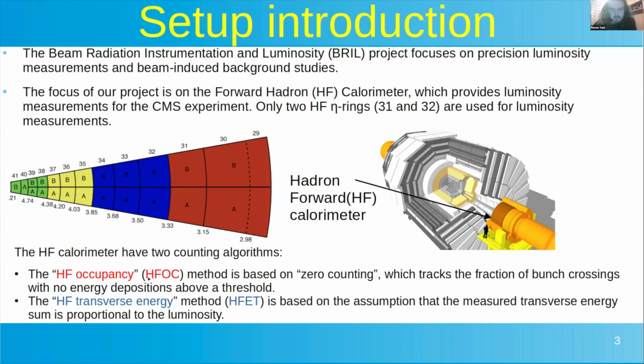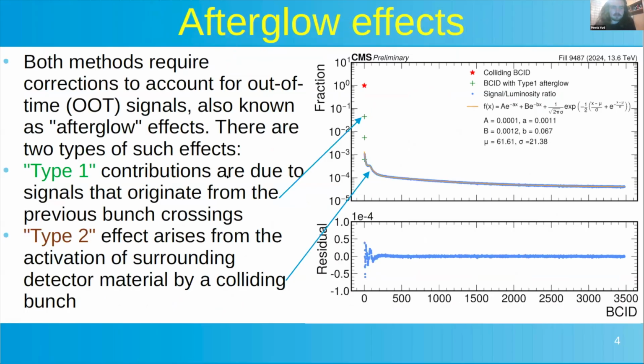The HF occupancy method is based on zero counting, so we're tracking the fraction of bunch crossings that have no energy depositions above some threshold. And the HF transverse energy method is based on the assumption that the measured transverse energy sum is proportional to the luminosity. Both of our methods require corrections to account for out-of-time signals, also known as afterglow effects.